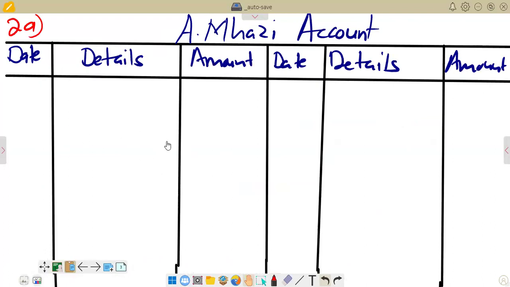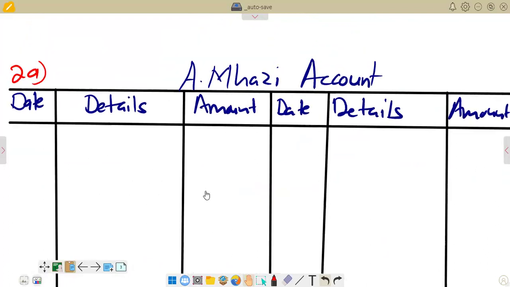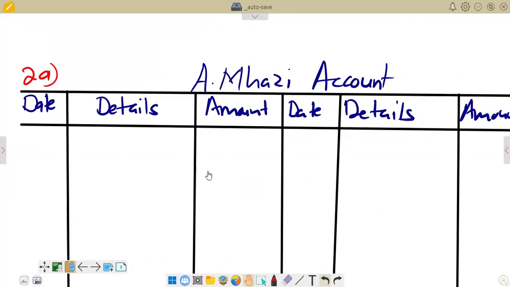you'll see that we have an account of A. Mazi that we are going to start with. We can start by indicating on the date column that this is October, and on October 1 is where we have our balance b/d.